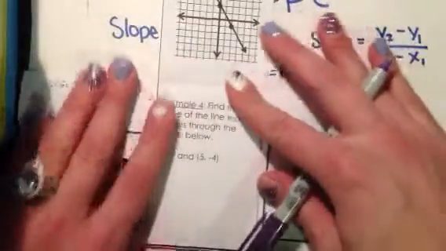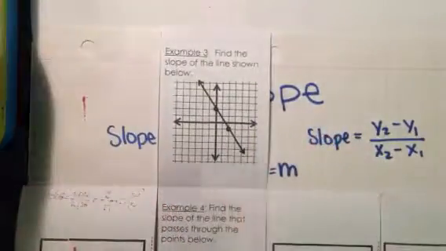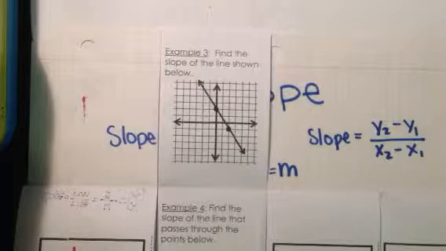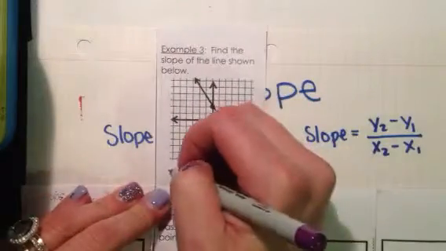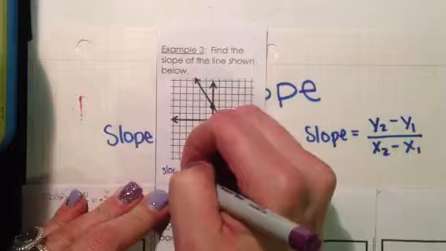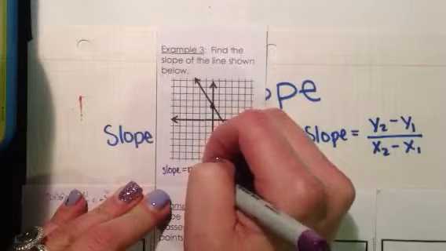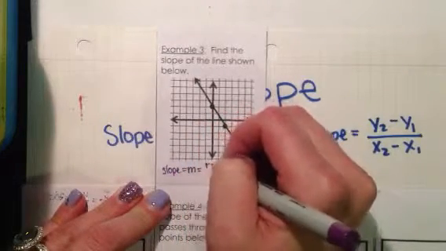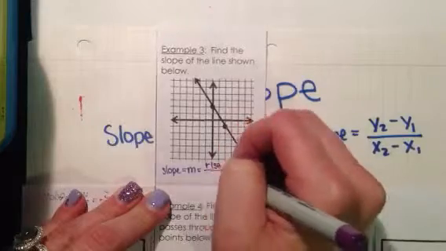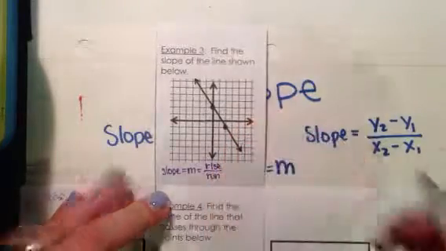Okay, so let's move on now to negative slope. We're going to start by finding it on the graph. Find the slope of the line shown below. First we want to again write down that slope, which is the same thing as m, is equal to rise over run.